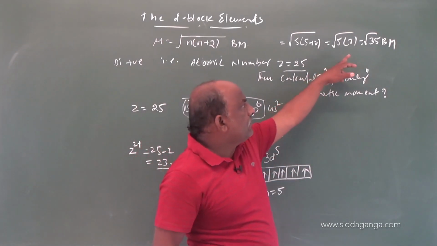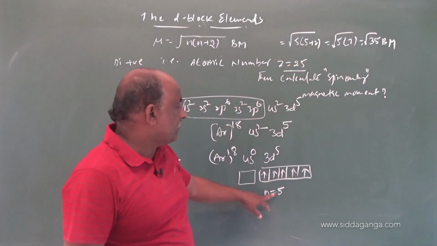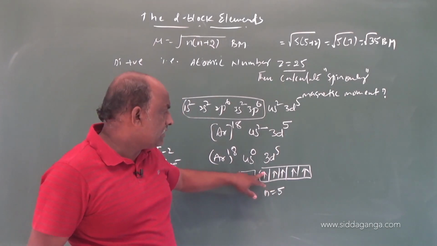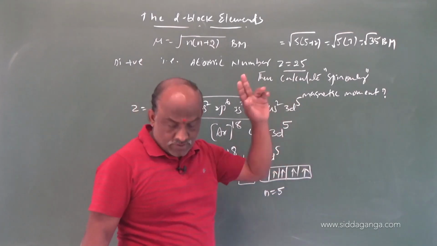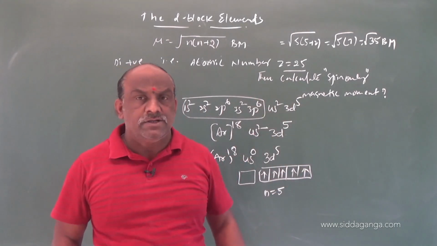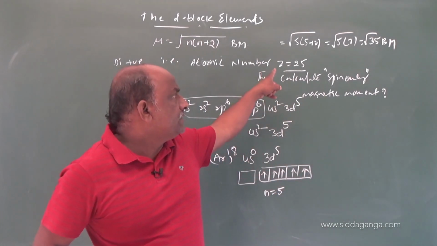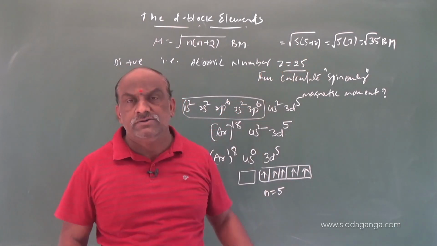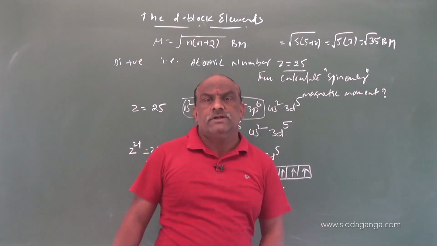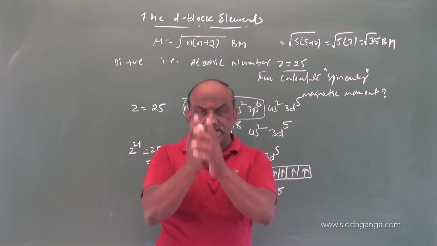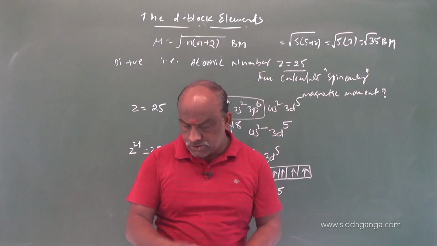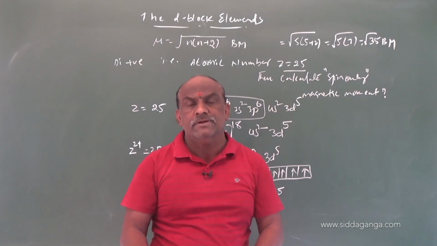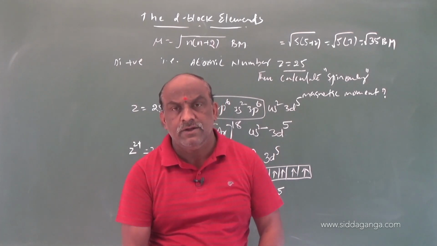Root 35 we get because the n value is equal to 5. The number of unpaired d electrons: 1, 2, 3, 4, 5. 5 unpaired d electrons. Substituting n equal to 5 in this equation, 5 into 5 plus 2 is 5 into 7, that is root 35. Root 35 is closer to root 36. So the spin only magnetic moment is nearly 6.